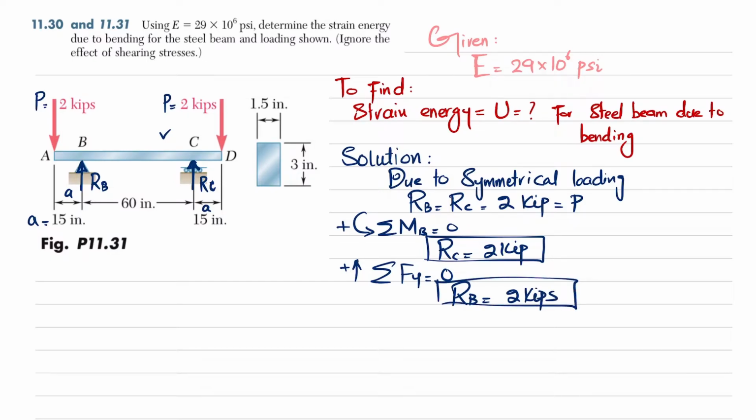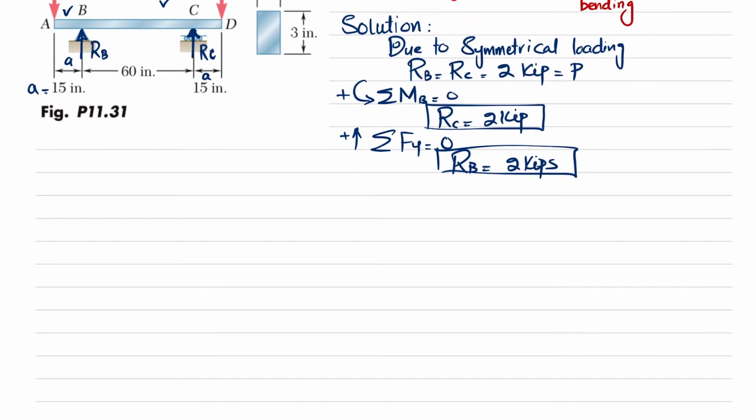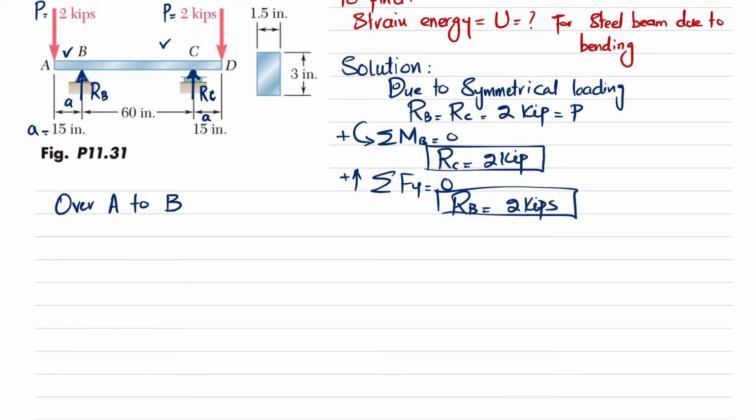Now we'll move toward our major portion, where we will find the strain energy for the different portions AB, BC and CD. So I will move toward A to B. We cut the beam and draw the free body diagram.